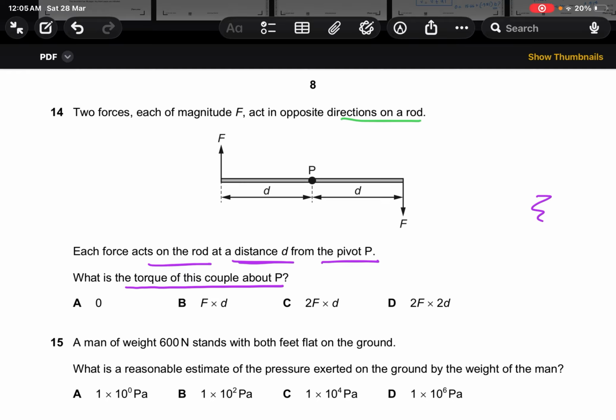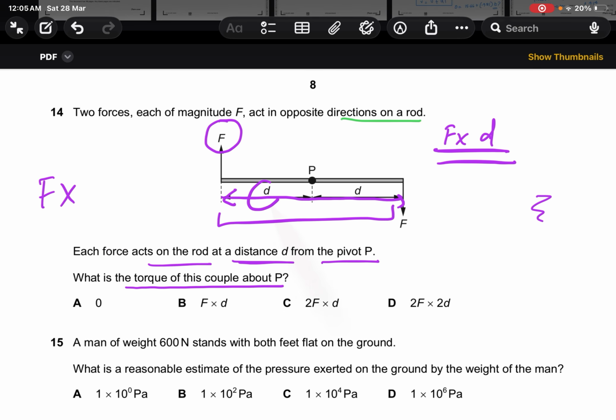You know how we calculate the torque of a couple. We take force times the distance between the two forces. Now we know force is F, and the distance between the two forces is d plus d, which gives me 2d. Force into 2d gives 2Fd. Where's 2Fd written? 2Fd, this.